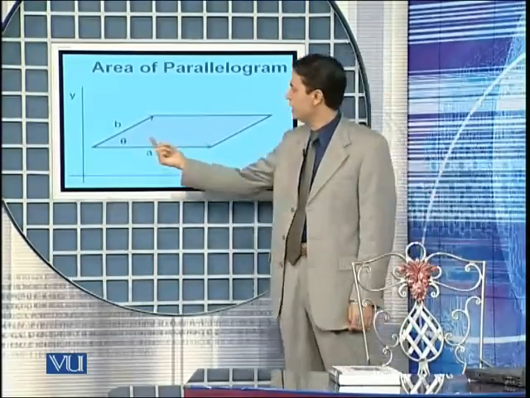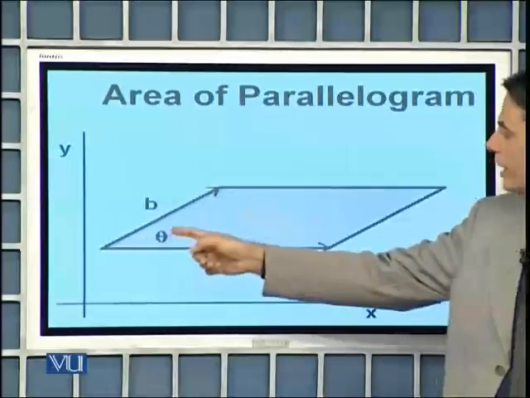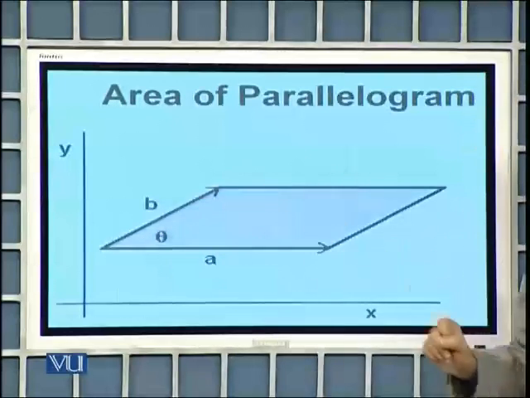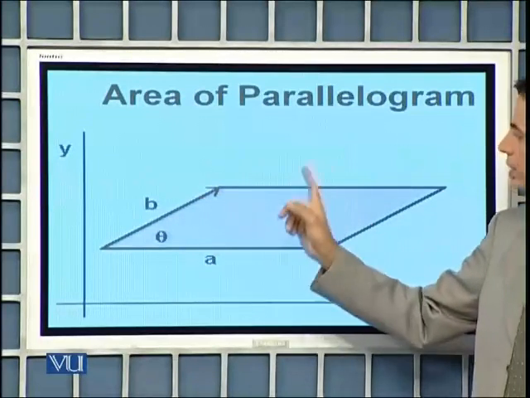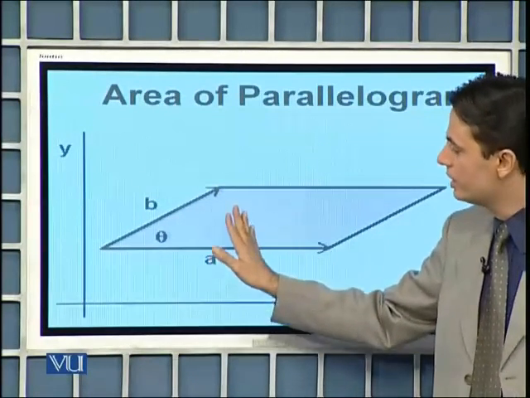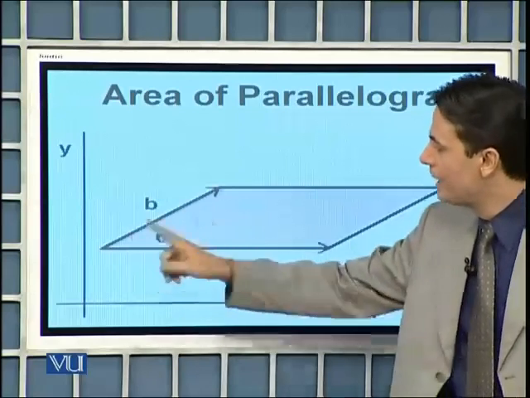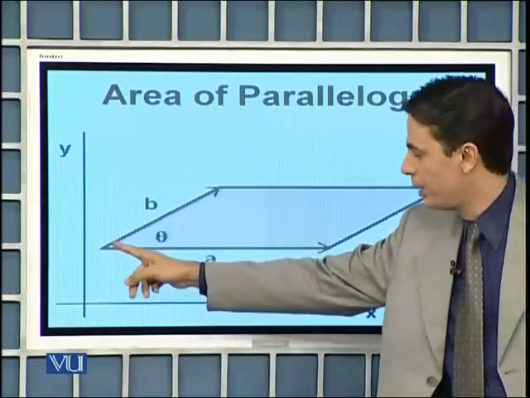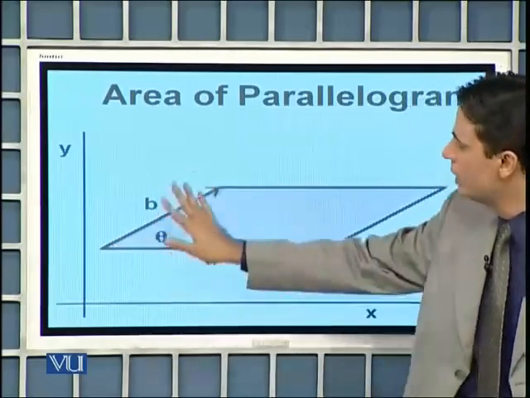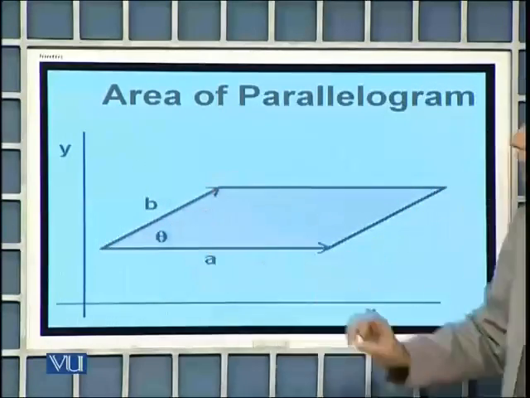But if you know the coordinates of this vector and coordinate of this vector, you can form their cross product, and the cross product is a vector which is parallel to a line which is perpendicular to the plane where these two vectors lie.